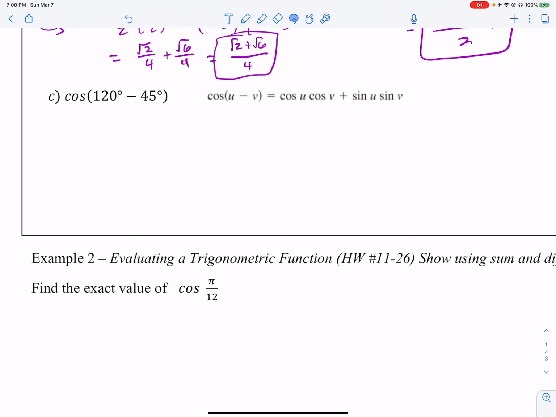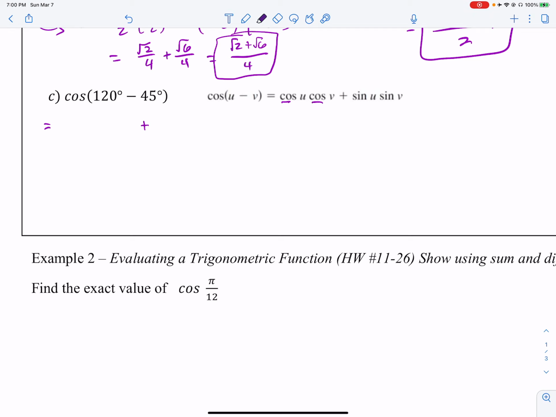So cosine of u minus v. Remember I said when it's sine, the signs, S-I-G-N, are the same, but with cosine, if it's subtraction, you're going to get addition between the two terms. The other thing is in cosine, the first one starts with cosine, cosine.